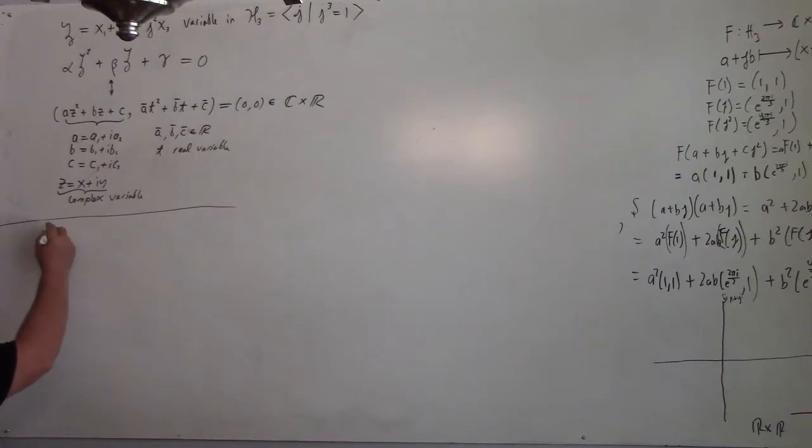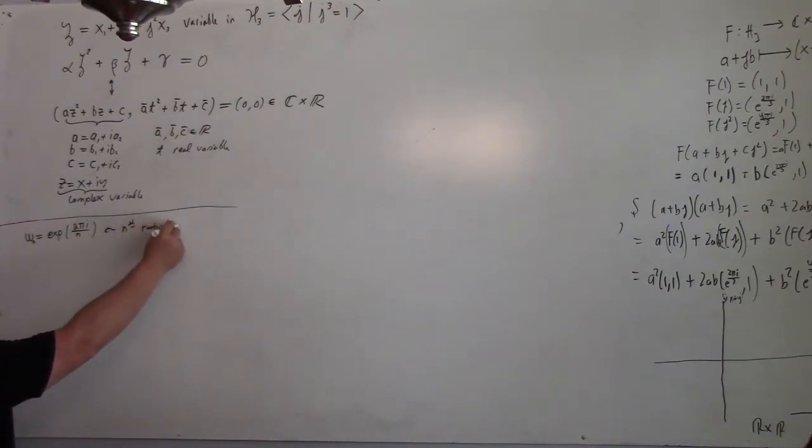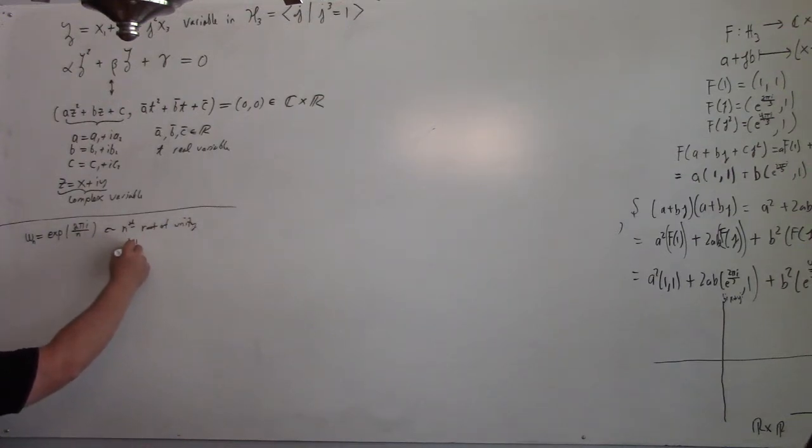So let's say omega sub n is equal to the exponential of 2 pi i over n. This is the so-called nth root of unity, which means that omega sub n raised to the n power is equal to 1.